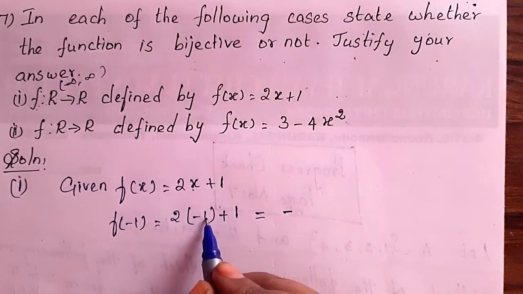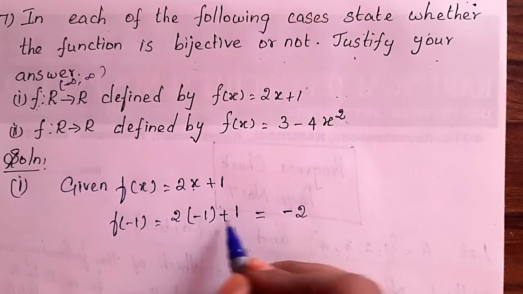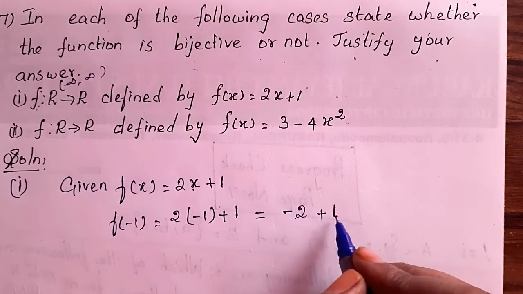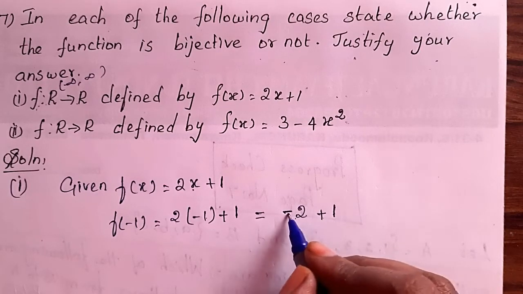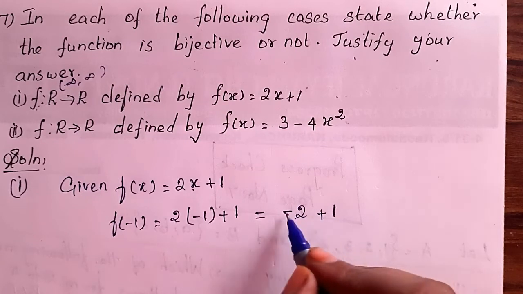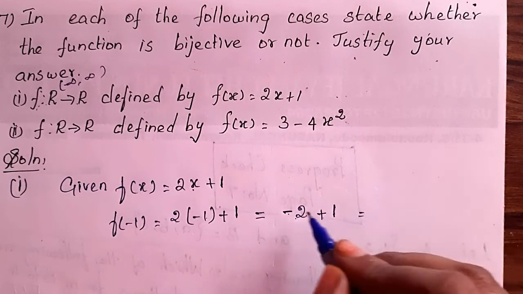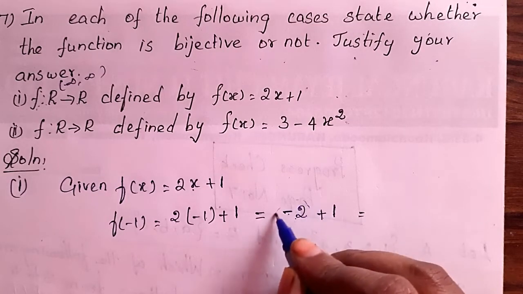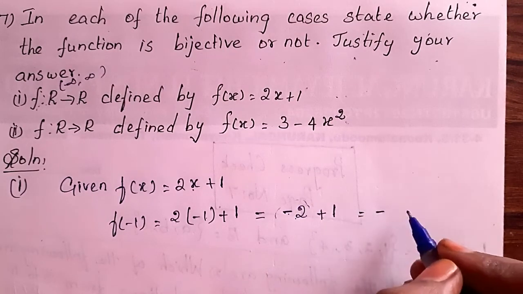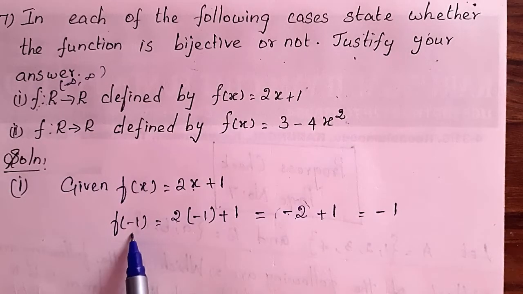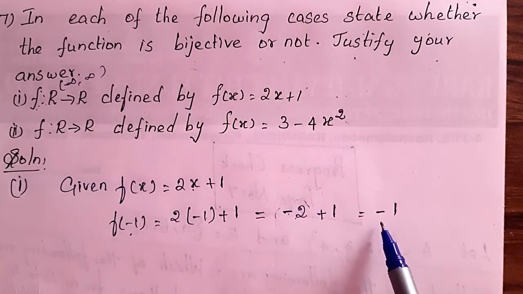Then 2 into 1, 2, also plus 1. So minus 2 plus 1. What will you get? One is a positive number, the other a negative number. So you have to subtract and put the sign of the bigger number. The bigger number is 2, which has the sign minus. Your answer is minus 1. So minus 1 goes to minus 1.